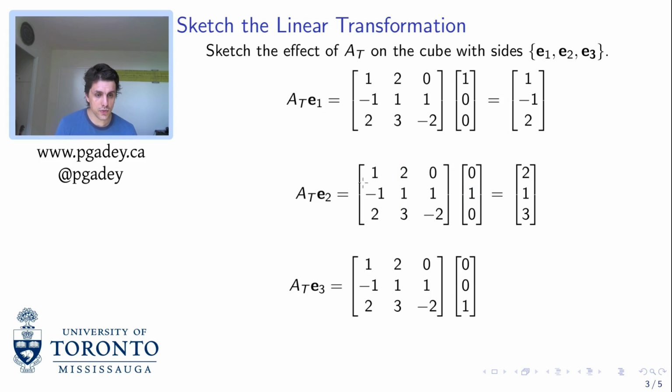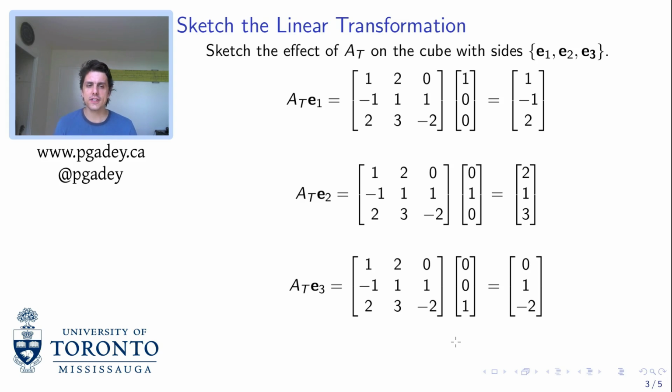When we use E3, this last entry is going to extract this column of the matrix for us. And we get this. So there's how we multiply a matrix against an elementary basis vector, or a basis vector. We extract the corresponding column.